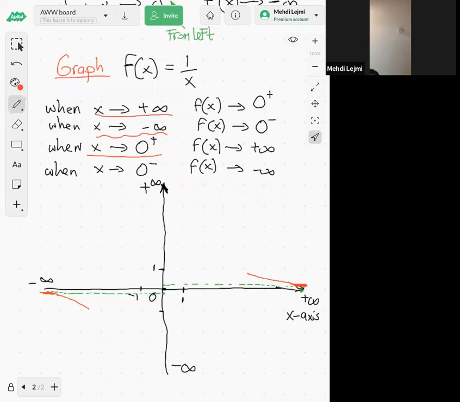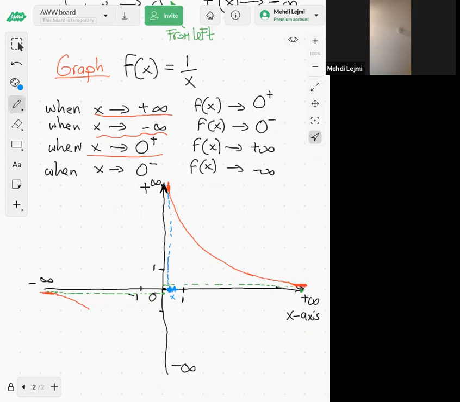And now when x is approaching 0 from the right, the graph f of x is going to be very close to positive infinity. So the output is going to be very close to positive infinity. You see here's my x, very close to 0 from the right, and the output is very close to positive infinity.